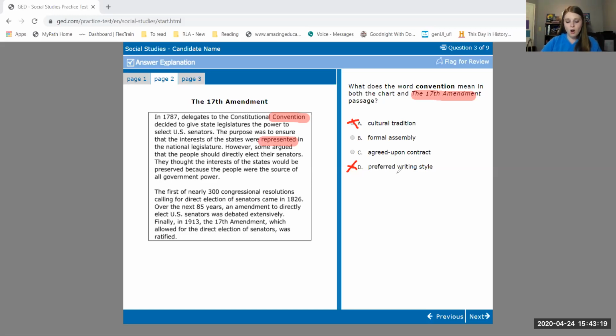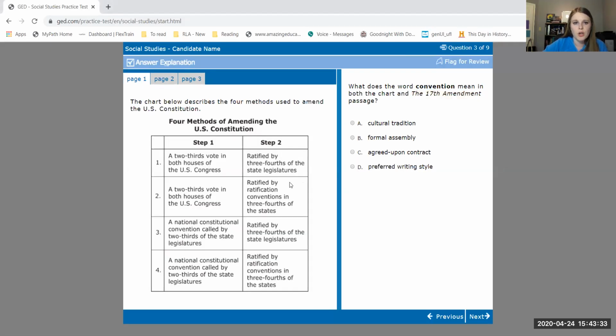Now, they are kind of putting together some groups to agree on things. But if we look at the use of the word convention, especially, let's go back to page 1 here. So we are agreeing to do something. How do we agree? By a 2/3 vote, by a national constitutional convention. I think it's going to be a formal assembly.